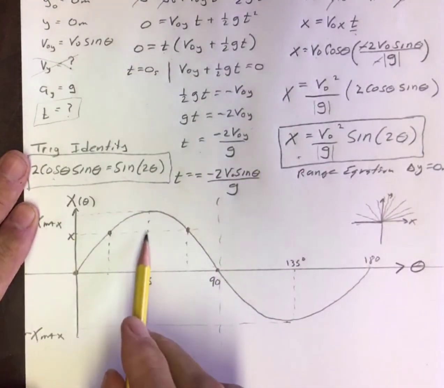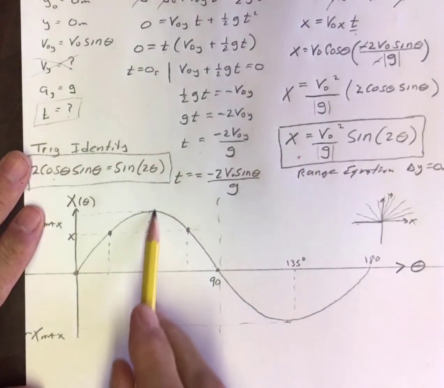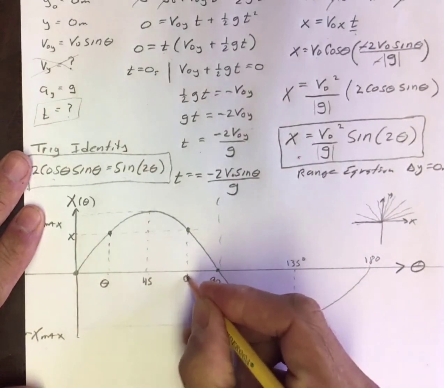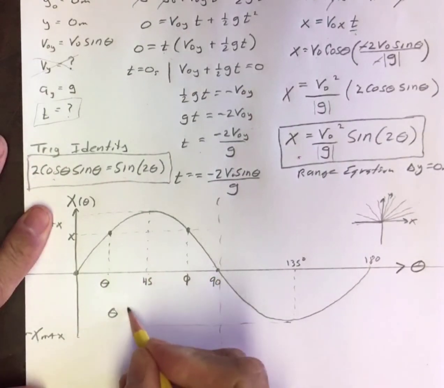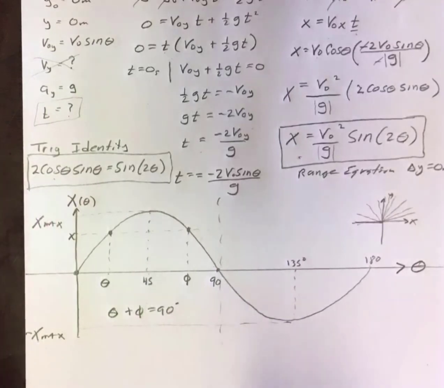And by symmetry, these angles that are equidistant below and above 45 degrees are complementary angles. So theta plus phi equals 90 degrees. So it's telling us that for this type of launch situation, you can launch at the same speed, but at 2 different angles to achieve the same range.